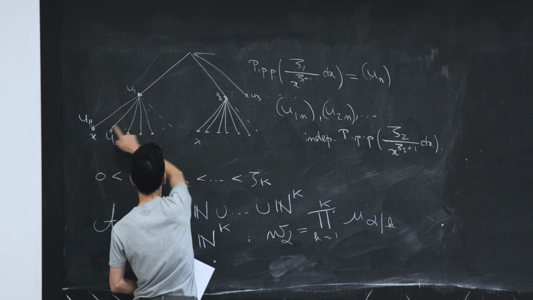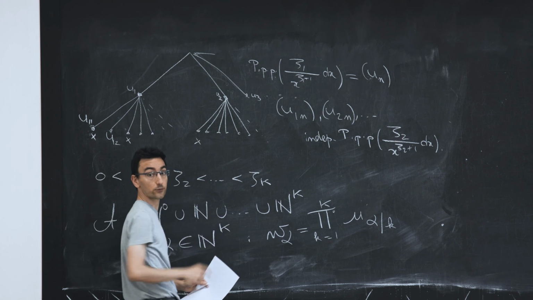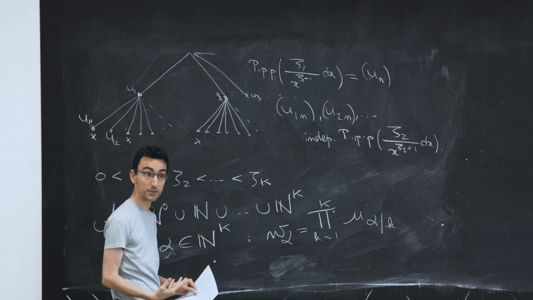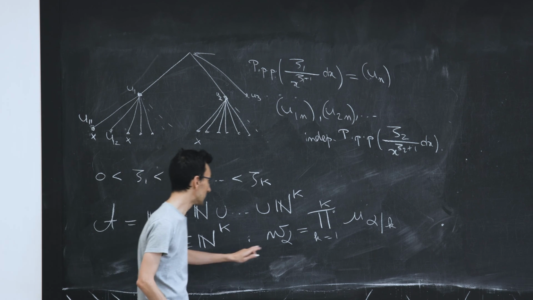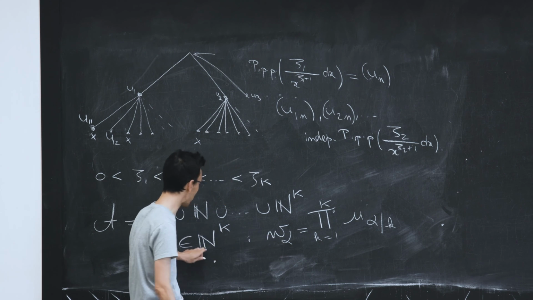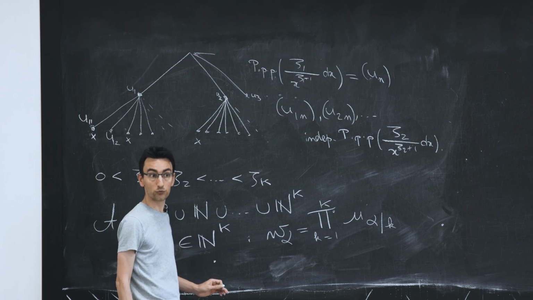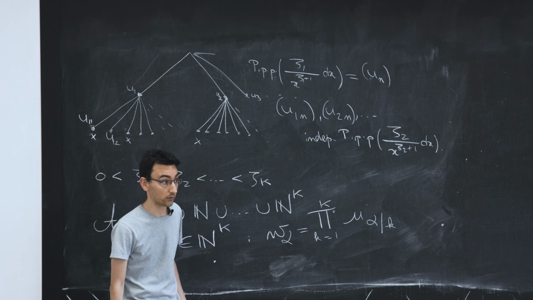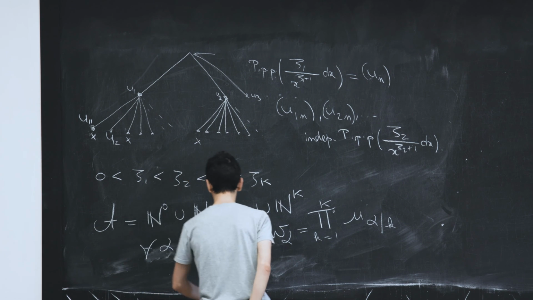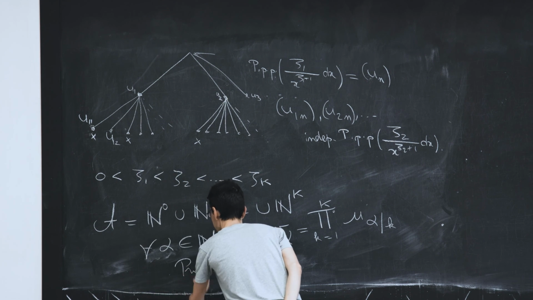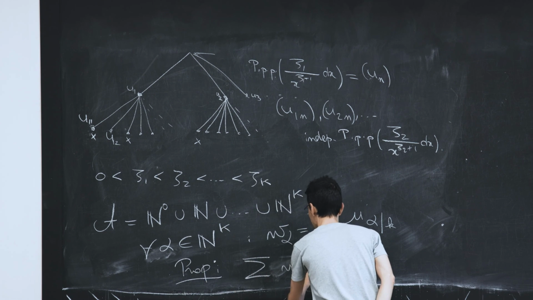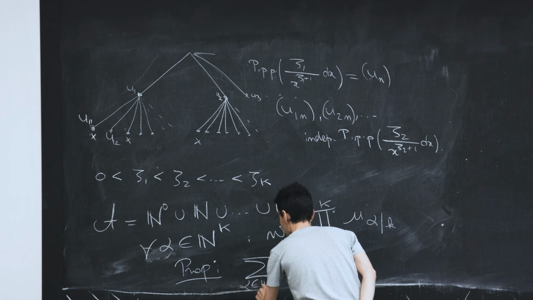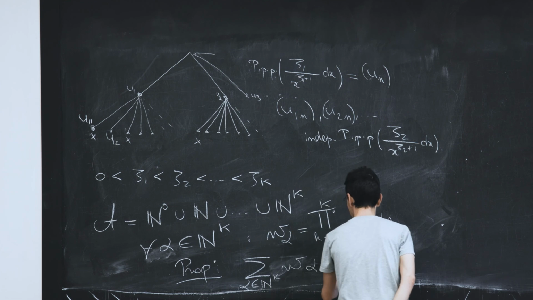This is a sequence of numbers on the leaves of the tree. It's not yet a probability measure, but you can verify that these numbers, as they are indexed by the leaves, sum to something finite, so you can just divide by the sum. Let's say proposition: the sum of the W alpha, as alpha is in the leaves, is finite.